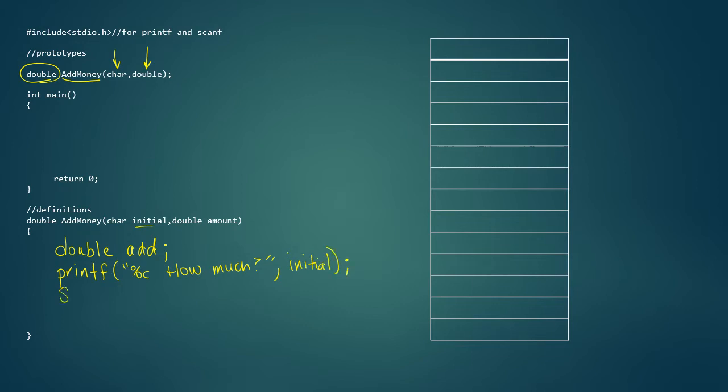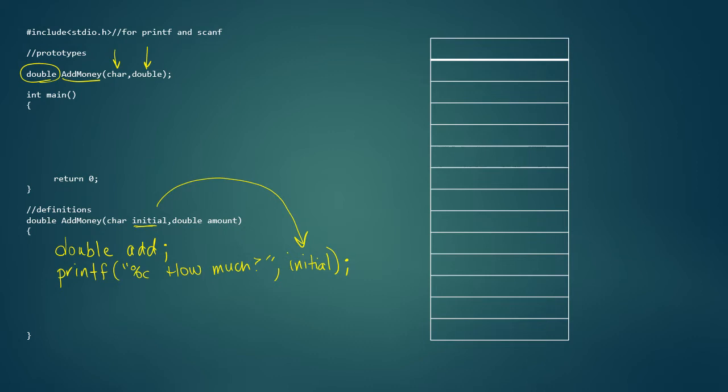And then you're going to use scanf. Because it's a character, you're going to put the space here, %c, into address of, this is an ampersand, address of initial. All right, so I've already messed up. Hopefully you guys are paying attention, because we are not scanning into the initial. The initial is coming in as a formal parameter, so that's not what we're scanning into.